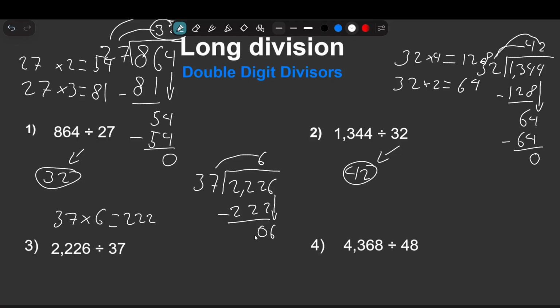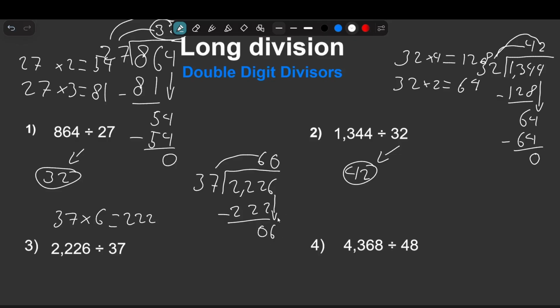Now we have 6. So what we're going to do now is we are going to get to our final step. We're going to look how many times does 37 fit into 6? Well, 0 times. So we're going to write down a 0 right here.